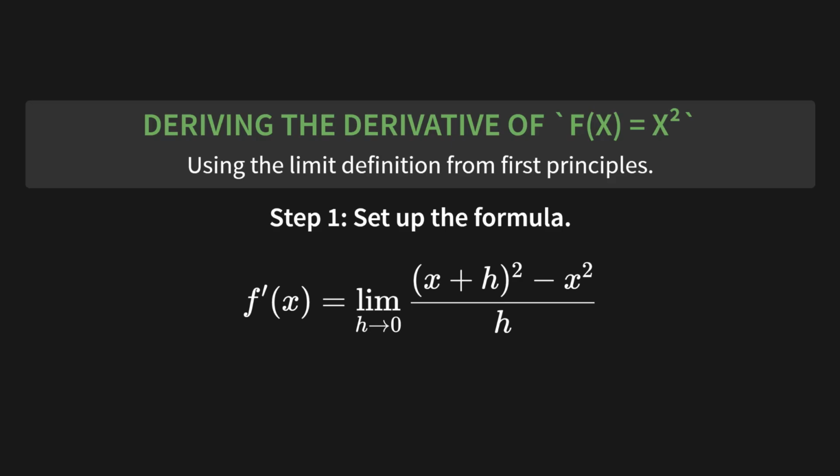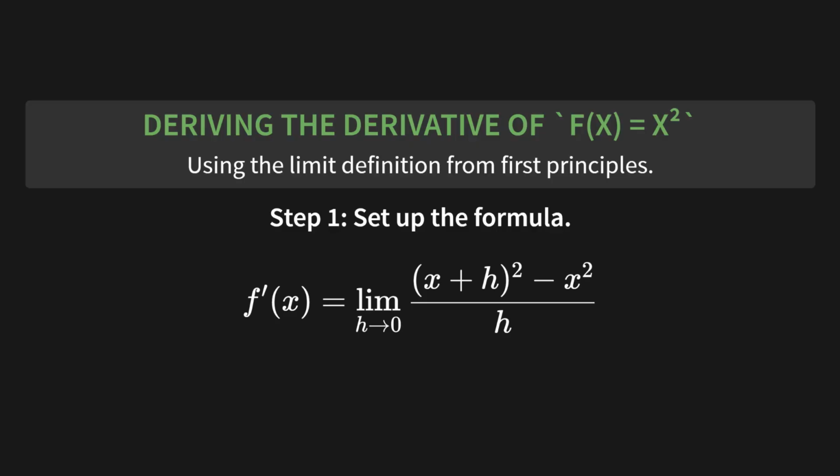Now, for our first boss battle. We are going to derive the derivative of f of x equals x squared using the limit definition from first principles. Step 1. Set up the formula. We just plug our function in.